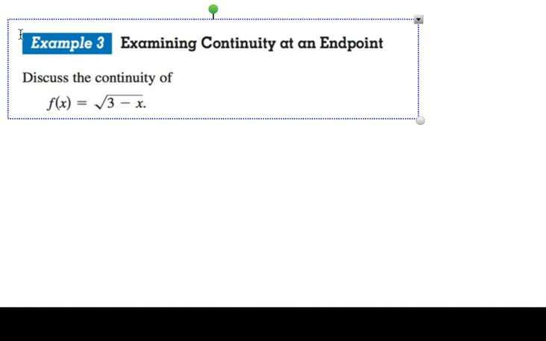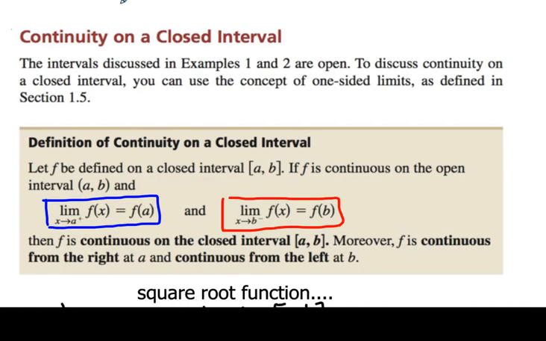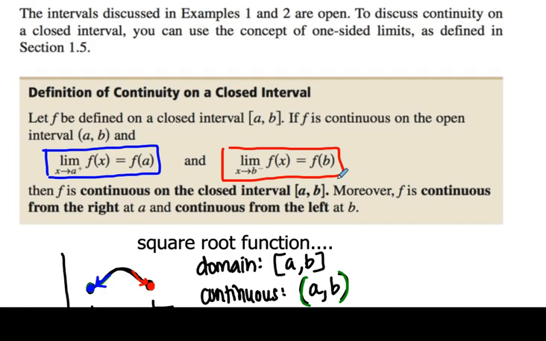Let's look at continuity from the endpoint. Now, let me come back here and explain one more time. It's continuous between A and B, but because this is a closed interval, it's continuous from A to B, so we're going to say that the domain is continuous.